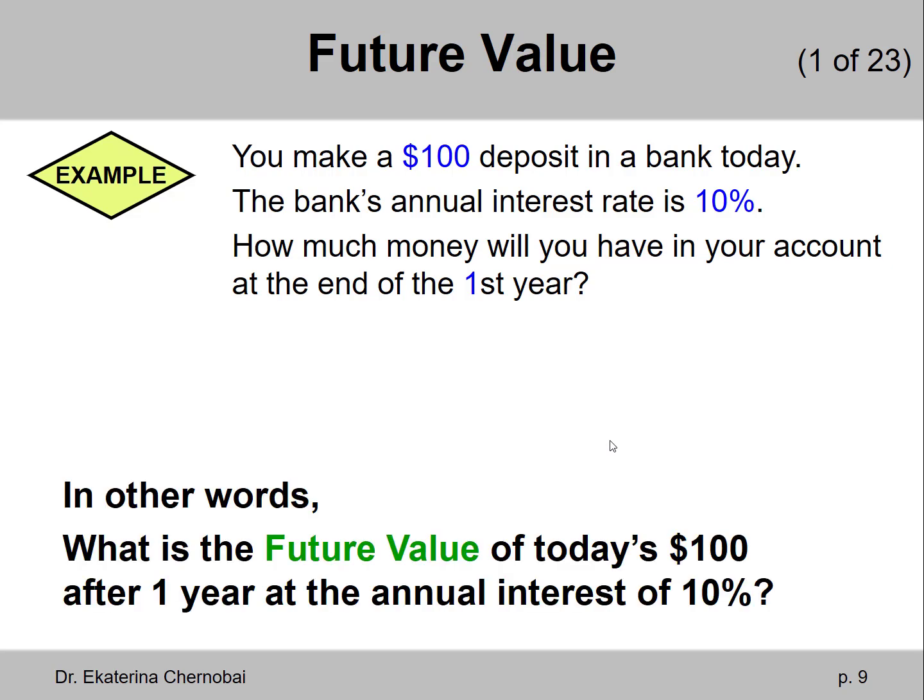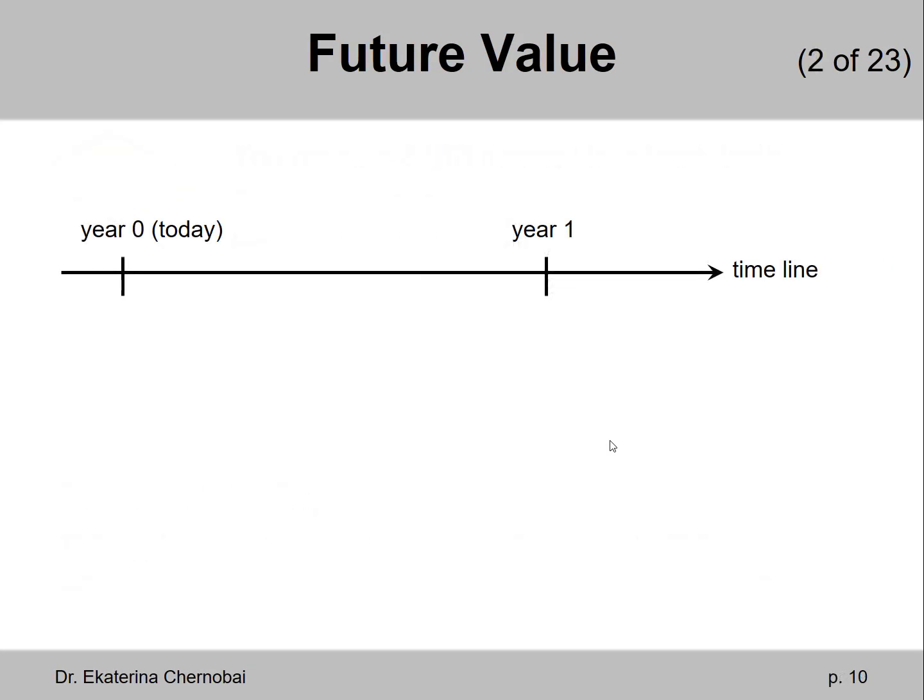In other words, you're asked to calculate the future value of today's $100 after 1 year at the annual interest rate of 10%. You can imagine a timeline where you mark 2 years: year 0, which is today, and year 1 in the future.